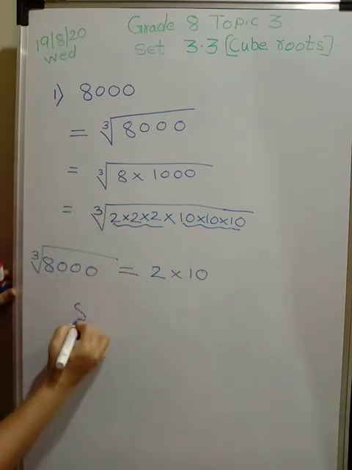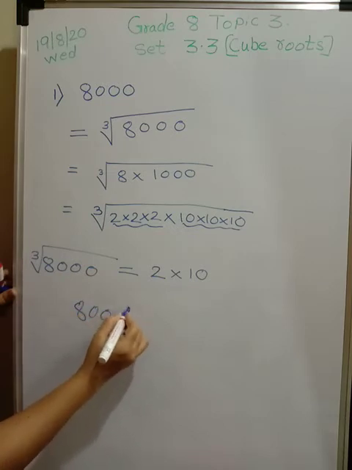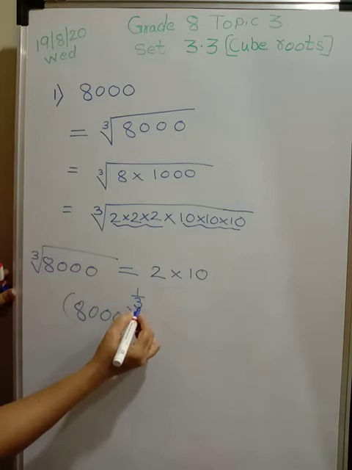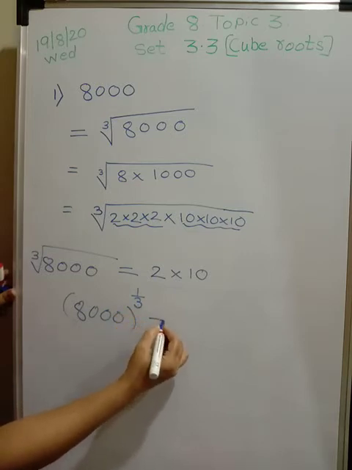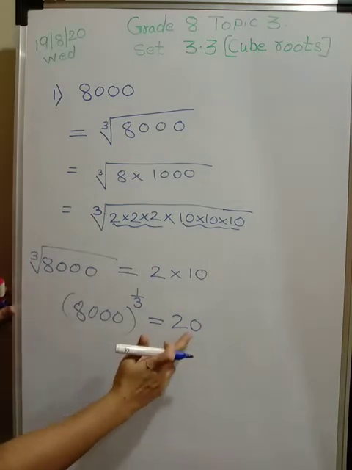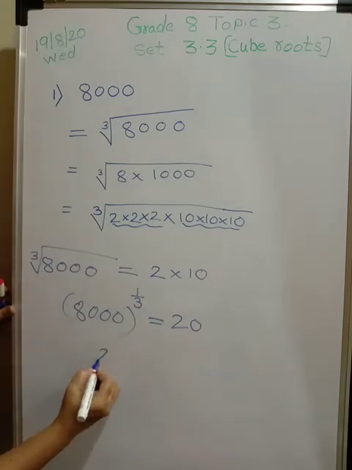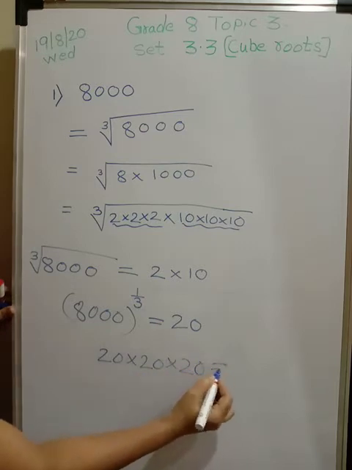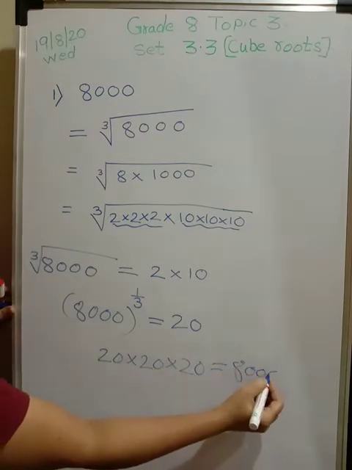Cube root of 8,000 can also be written as 8,000 raised to 1 upon 3. We have seen the denominator indicates the root. So this cube root is nothing but 20. That means if I multiply 20 into 20 into 20, I am going to get 8,000.